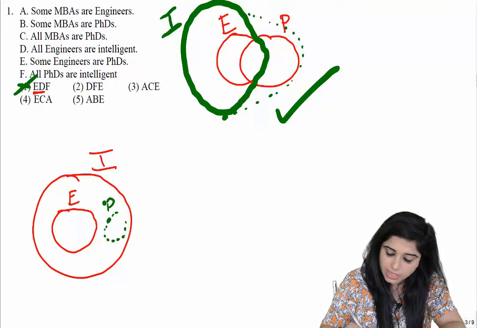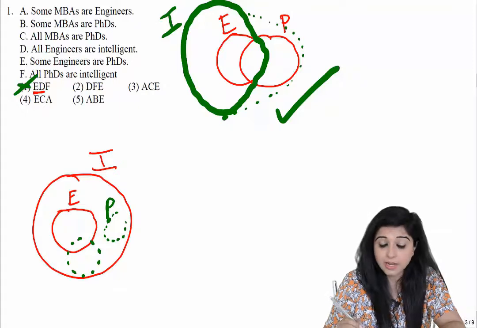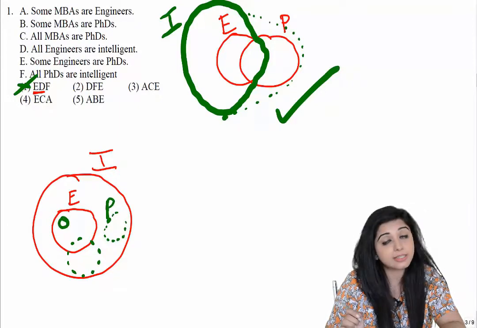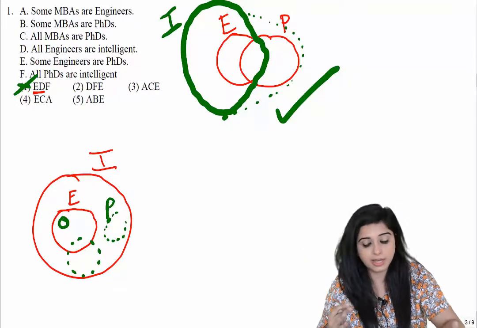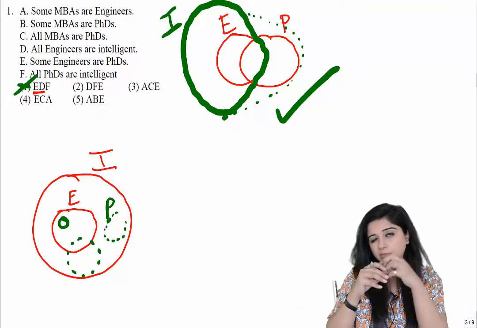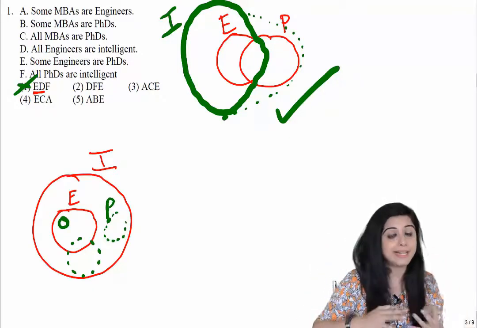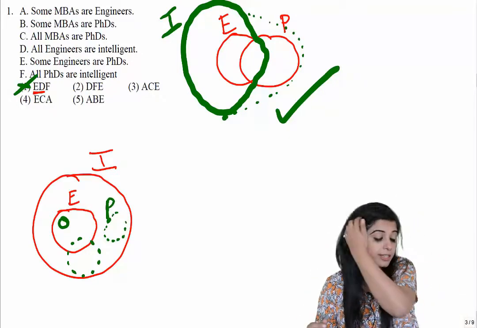Now, PhDs can be a set like this. PhDs can have something to do with engineering as well. PhDs can be inside this as well, right? So there are 3 case scenarios. When PhDs have nothing to do with engineers, PhDs can be an intersecting set with engineers, or they can be completely inside engineers, right? Let's look at the solution.